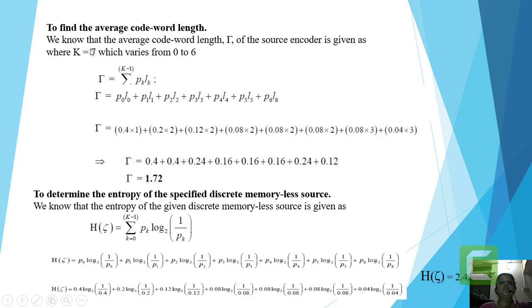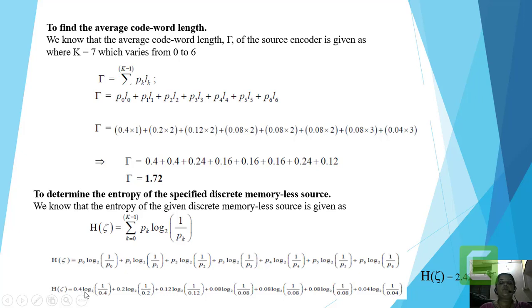As in this given numerical k is equal to 7, so this k value is going to vary again from 0 to 6. So this expansion of summation can be written with this particular given statement.